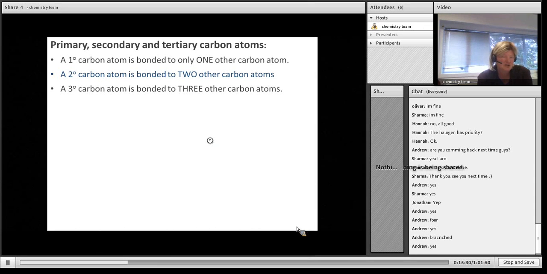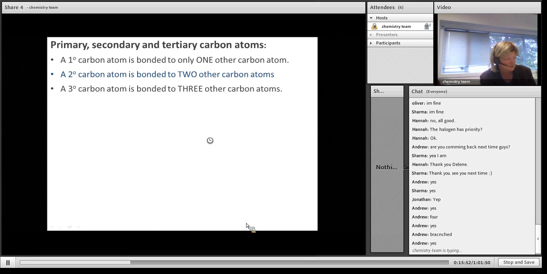Secondary, second, two. Tertiary is bonded to three. Does anybody know the name if it's bonded to four other atoms, as a matter of interest? Have you come across the word quaternary before? So primary, secondary, tertiary, and then quaternary.